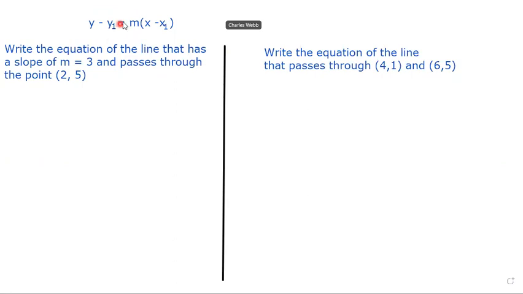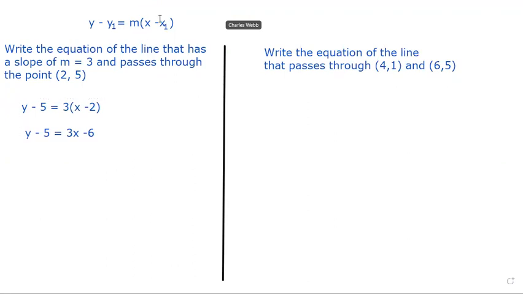So now the first thing we have to do is insert everything into our formula. So we have y minus 5 is equal to 3 times x minus 2. Our next line we need to distribute: y minus 5 is equal to 3x minus 6.